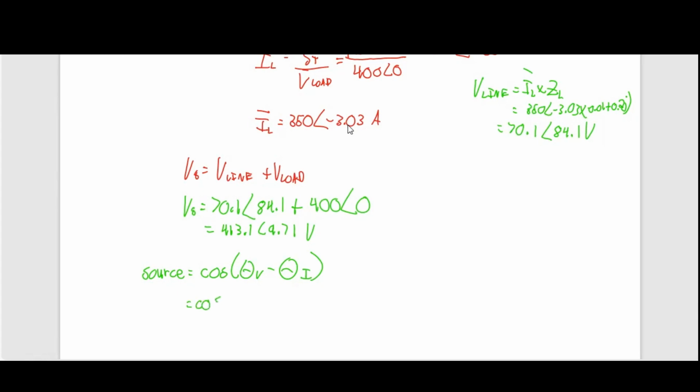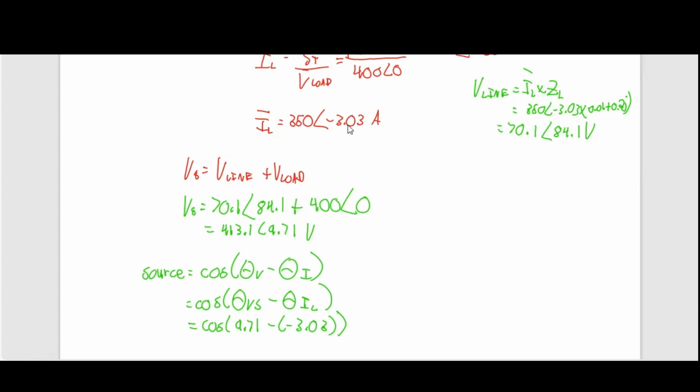I'll break it down for you. Basically, this here is theta V S, and from here we subtract theta I L. So hopefully you'll catch it now. It's just V S, the angle, which is why I said to work in phasor, because once you work in phasor, you'll get the angle straight away. So this will be cos of theta V S, 9.71, minus 3.03, which is what I L is.